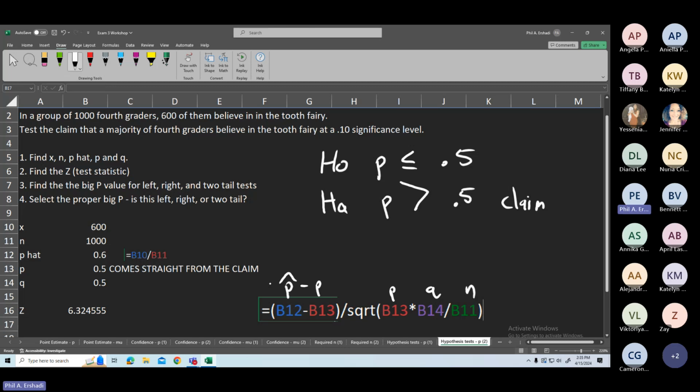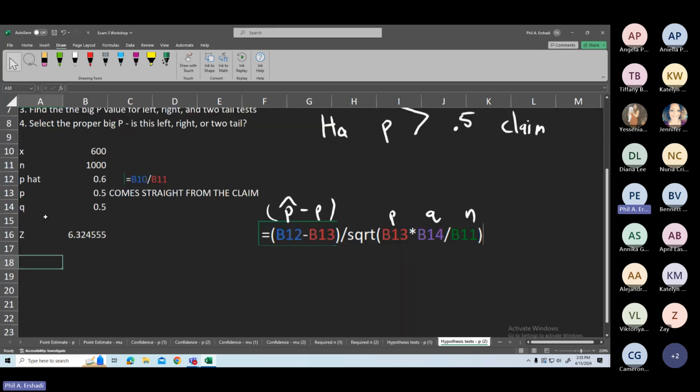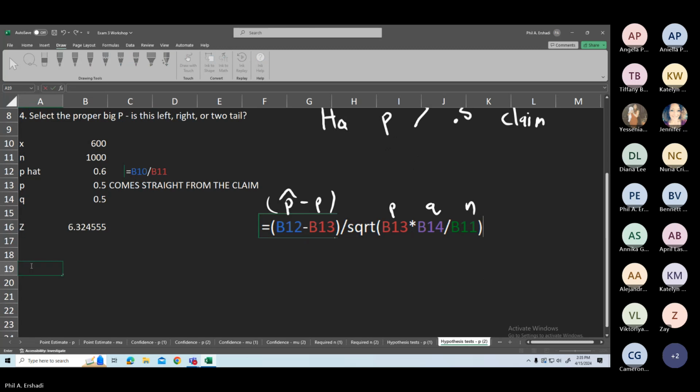So P hat minus P in its first parentheses, and then down here put regular P, not P hat, times Q divided by N. Gives you your Z score. Now that we have Z, we can get the big P value, that's step 3. So I'm going to show you how to get the left, the right, and the two-tail.